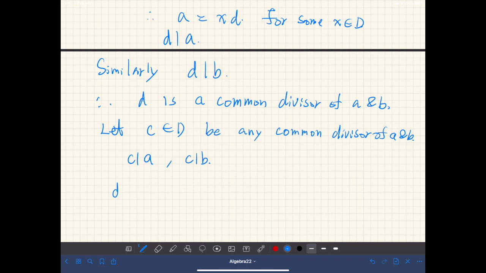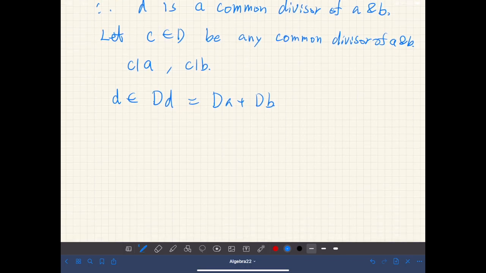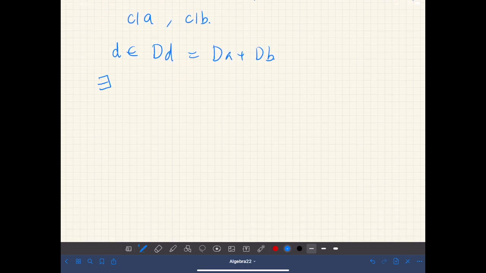Since d belongs to (d), which is equal to (a) plus (b), there exist some x and y such that d is equal to xa plus yb.